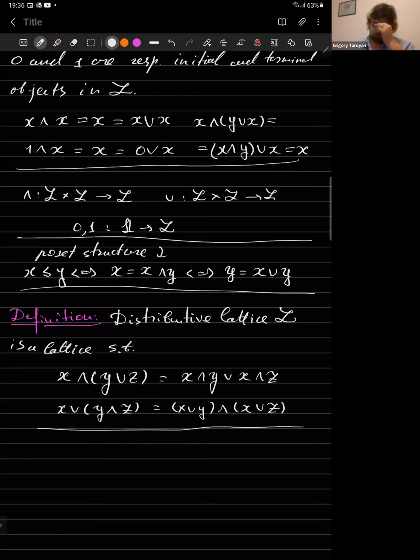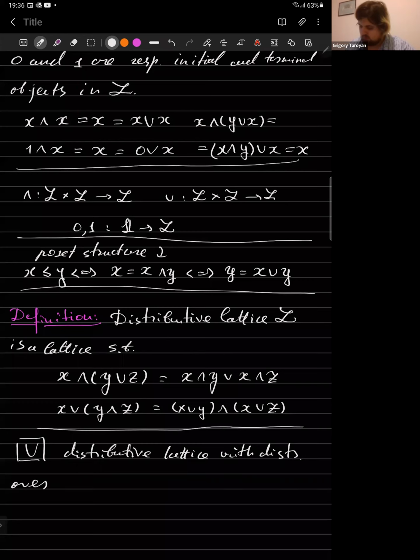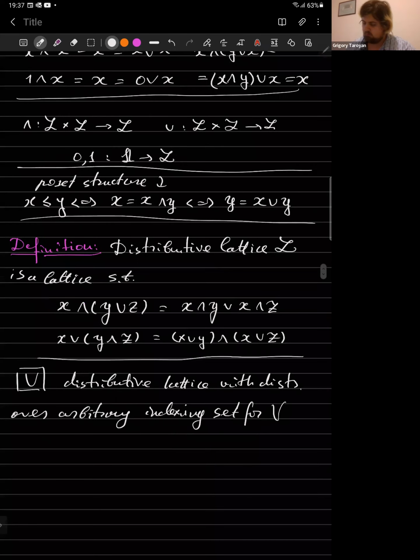So the condition that a poset is distributive with respect to arbitrary unions, or with respect to this operation taken over an arbitrary index set, means that a distributive lattice with distributivity over arbitrary set union is called a frame.